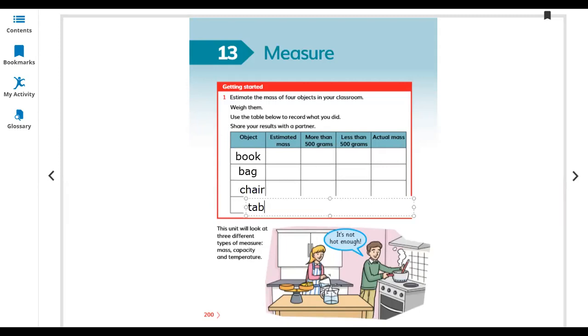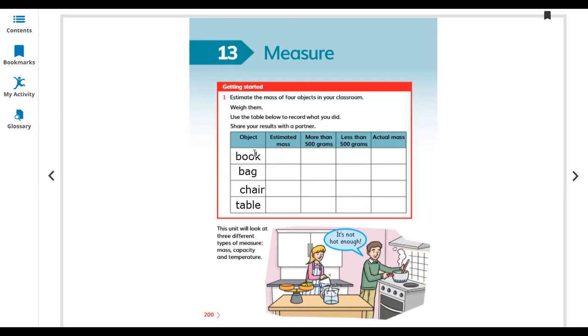Or you can use any other thing which is in your mind, which you can estimate, like estimating mass. Obviously you don't have any kind of scale, so you can estimate.